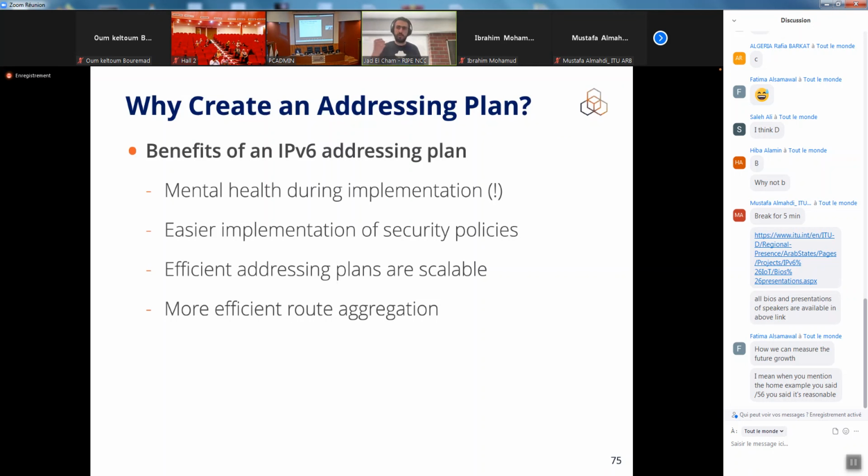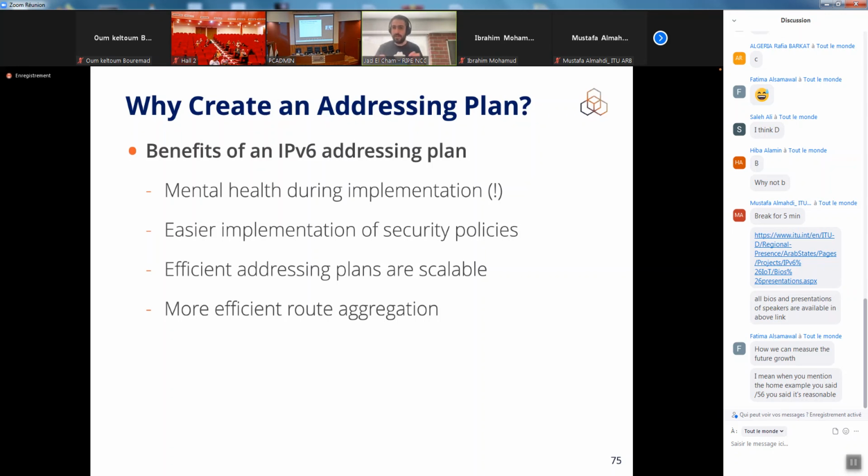So why should you have a solid addressing plan? First, mental health during implementation. You see how big the IPv6 space is, all right? So you don't want to run into the mistakes that we make in IPv4. In Lebanese, we say, like let's put a small piece here, a small /24 there, etc. And then you have this mosaic of IPv4 addresses here and there.